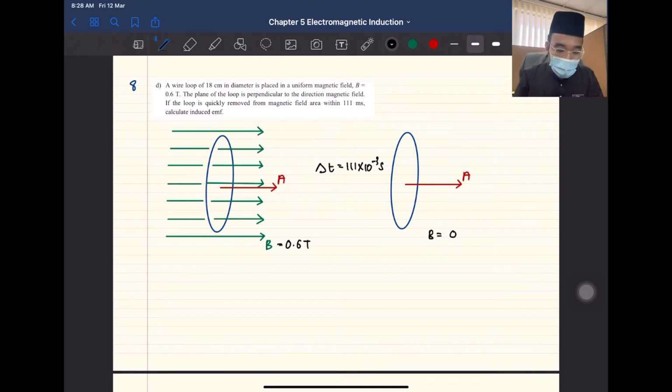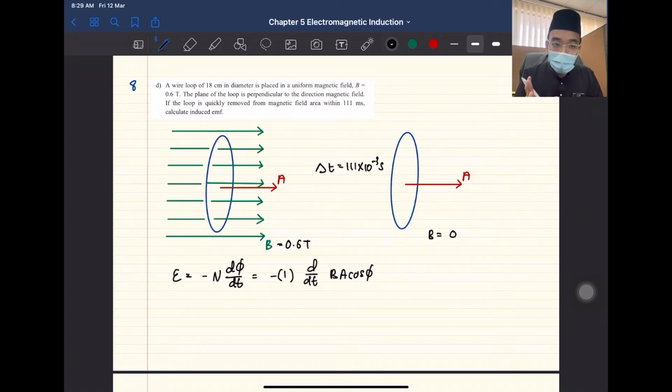This is the same as before. The number of turns is not given, so it is a single turn, a wire loop. Again, we can use dV over dt, the change in magnetic flux. So n equals 1. So it will be d over dt of BA cos theta. Using the same concept, identify which value is changing.